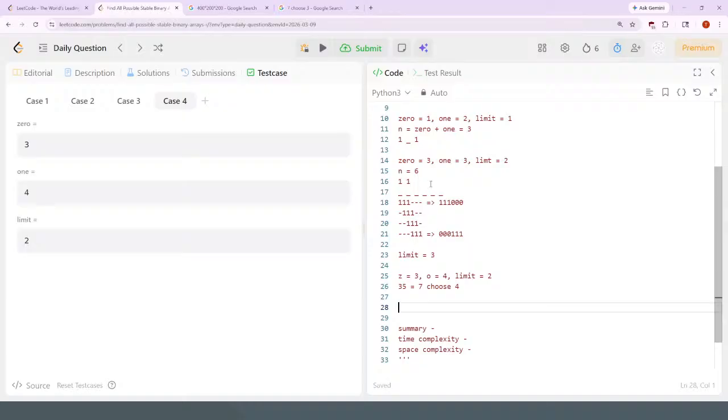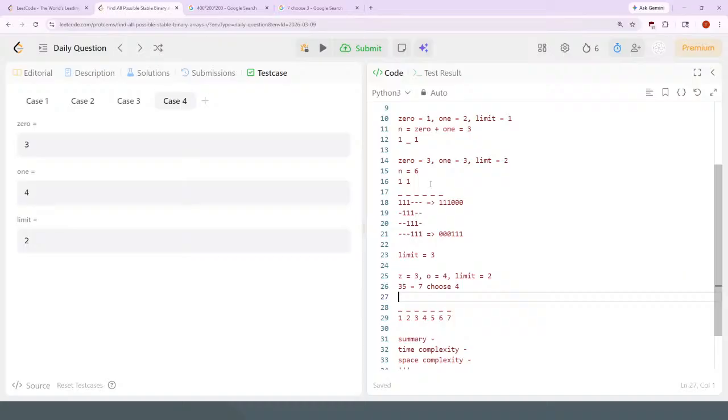Hmm. 7 blanks. And we're picking 4 of them. But there has to be a streak of 3. Overlaps kill this.